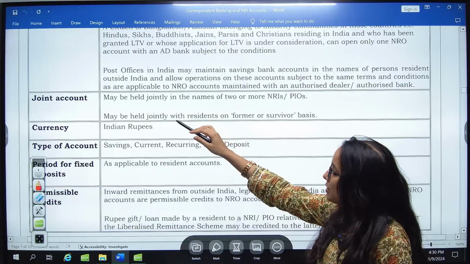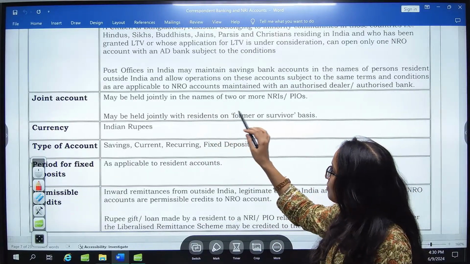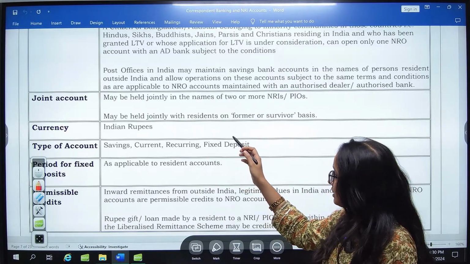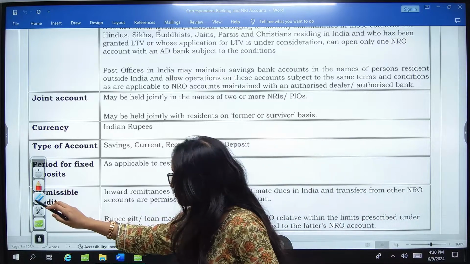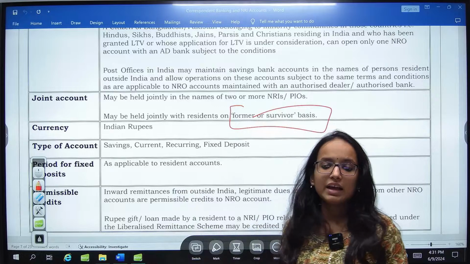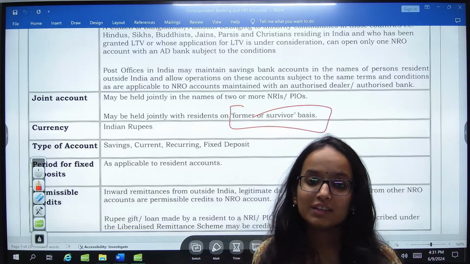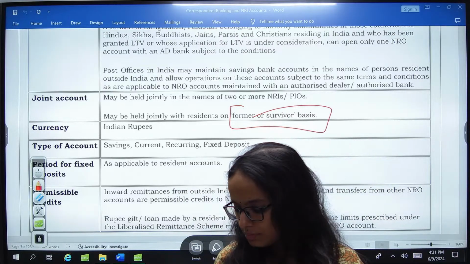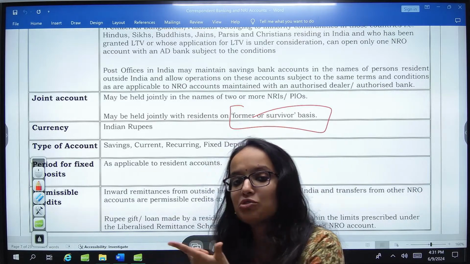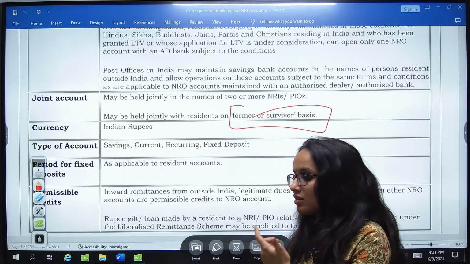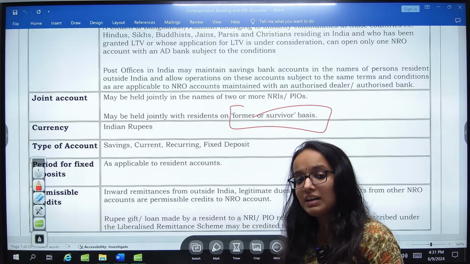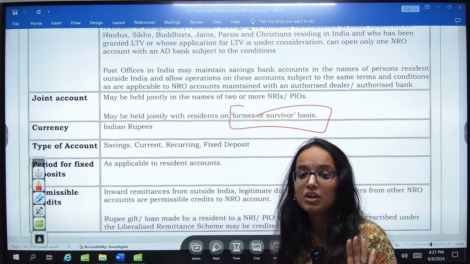Yes. They may be held jointly in the name of two or more NRIs or PIOs, and may be held jointly with residents on former or survivor basis. Again, same thing. It can be held jointly, but on a former and survivor basis, which is to say that these can be held jointly with residents, which are their resident relatives, but they can only operate it as a joint account holder after your demise.